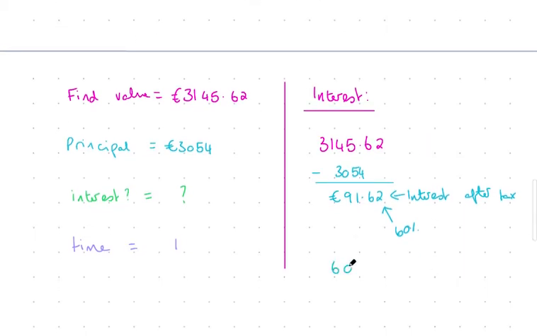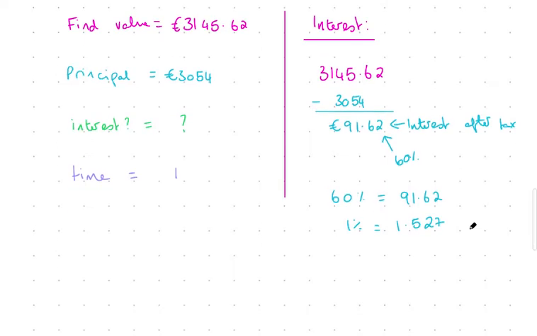So if 60% is equal to 91.62, then 1% would be equal to 91.62 divided by 60. So I'm going to get 1.527. Multiply that by 100 and I get that 100% of the investment is equal to 152.7.